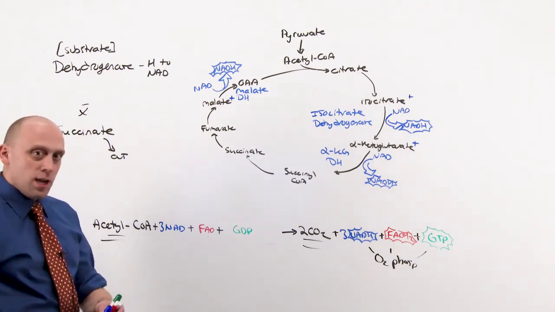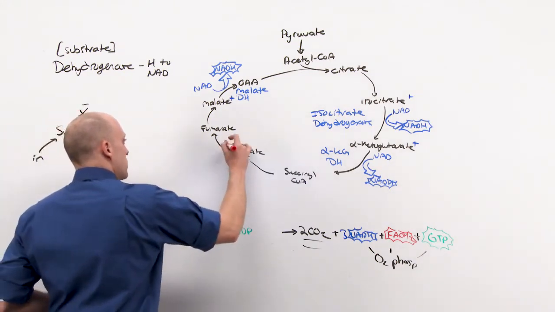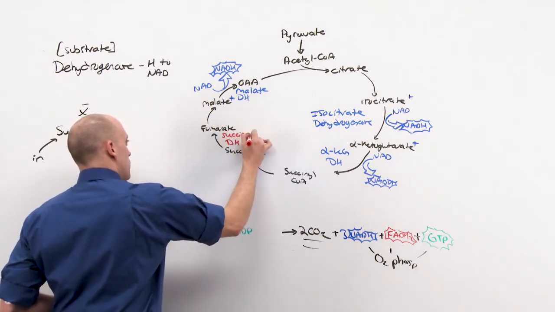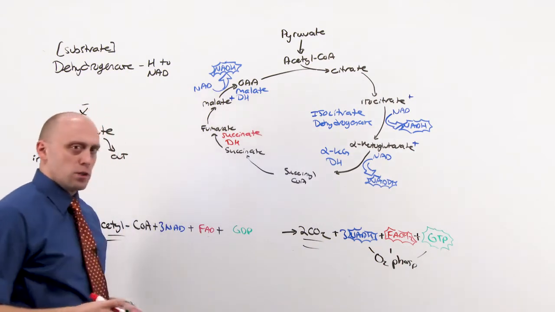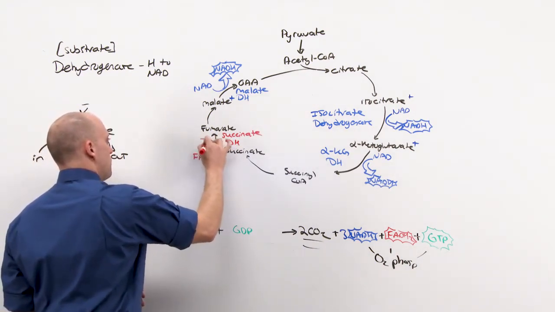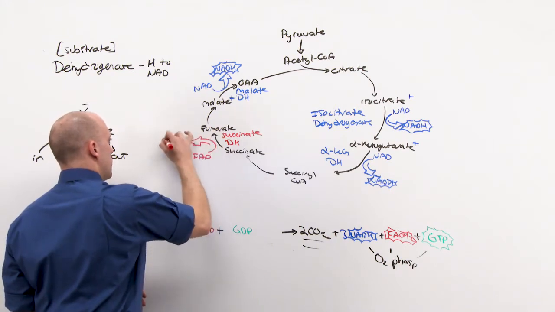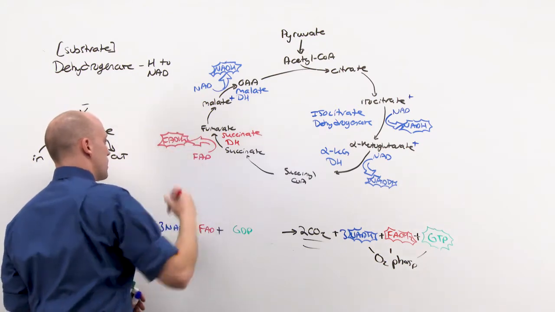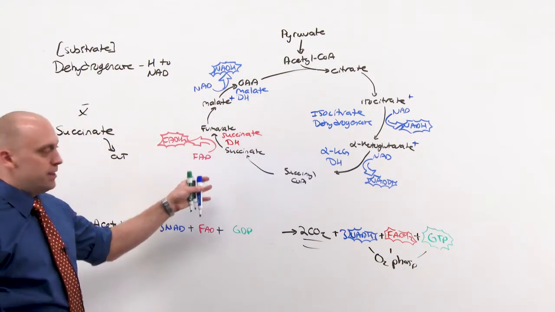Well, he also has a dehydrogenase, and it's named appropriately, but is a little weird. What does that mean? Well, this is where the FAD becomes FADH2. It's a little different because it's not NAD, it's FAD.